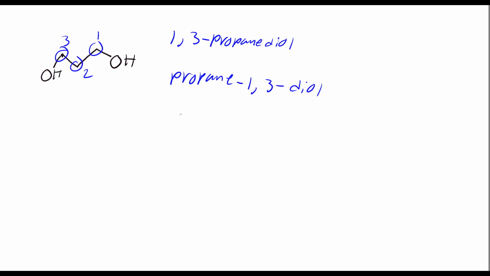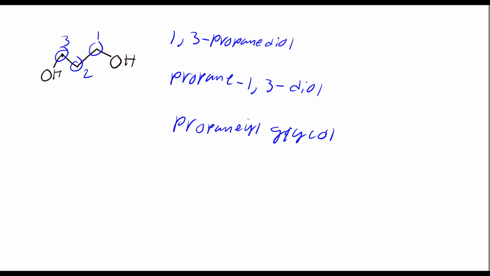And you can also say propanyl glycol, if that's how you spell it. I'm really bad at spelling. So it could be propanyl glycol or propane 1,3 diol, 1,3 propane diol. Again, you just move this right here, and you get this.